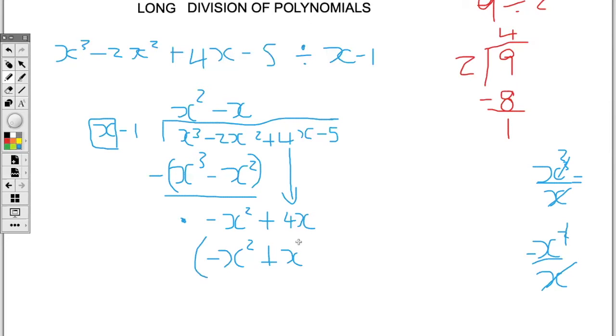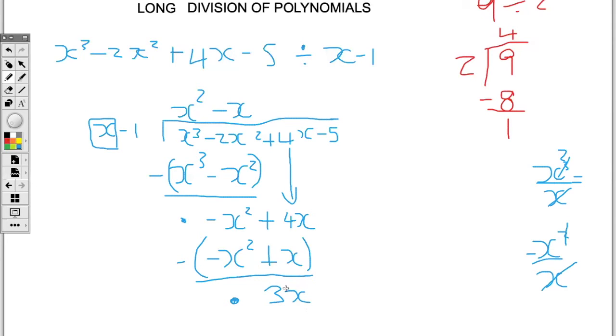Then we're going to have the bracket, subtraction sign, draw my line. Now, the first two combination will always be 0, which is the variable. So negative times negative, that is positive. So minus x squared plus x squared, that is 0. 4x minus x, that is 3x.